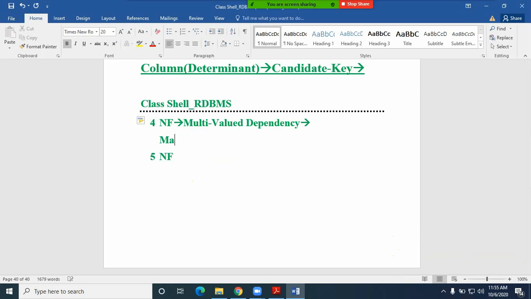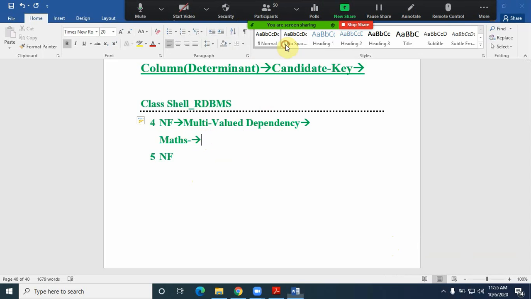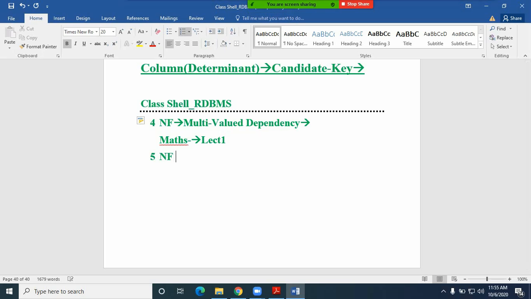Okay, so if you are observing the multi-valued dependency, what it says is, suppose we are considering the course maths, and it gives lecturer 1, and at the same time it gives lecturer 2 also.